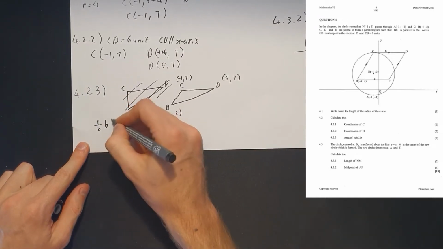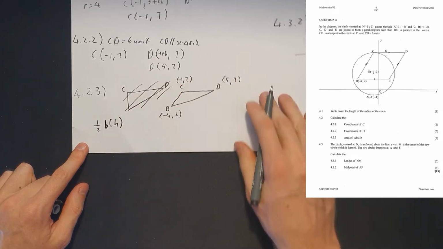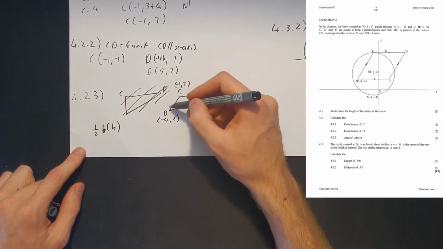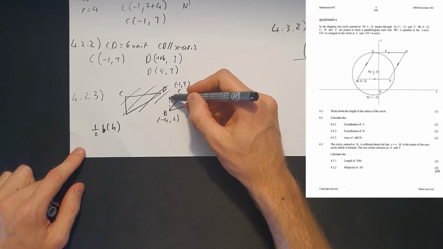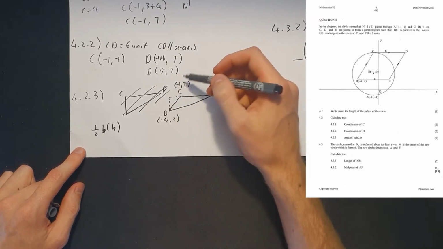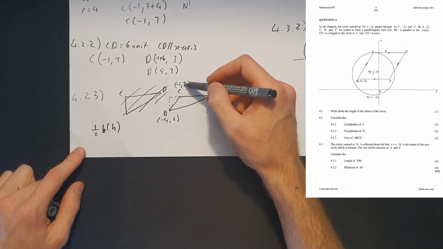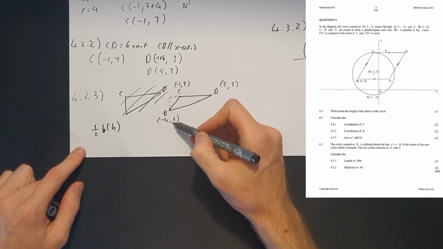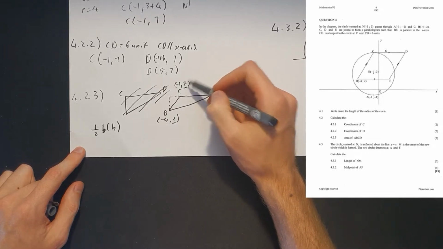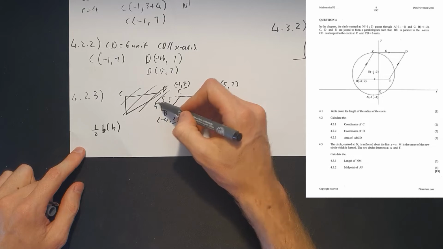But that height needs to be the perpendicular height. We don't have a perpendicular height, so we've got to construct one. This perpendicular height is going to be the difference in y value from B to C. The y value for B is 2 and for C is 7. Therefore, the difference in height is going to be 5 units.